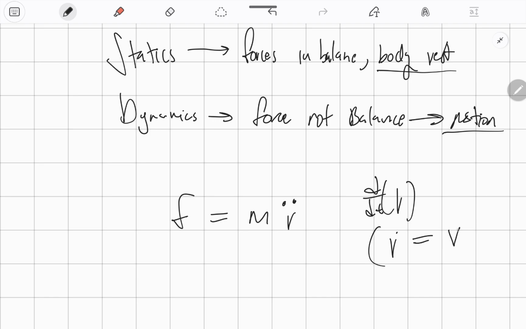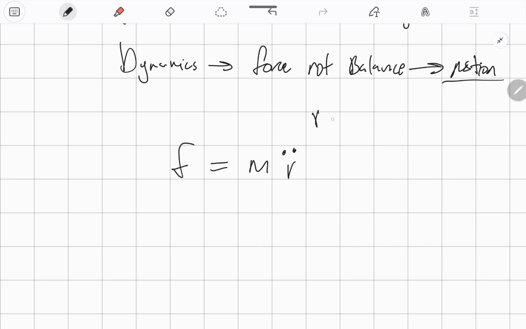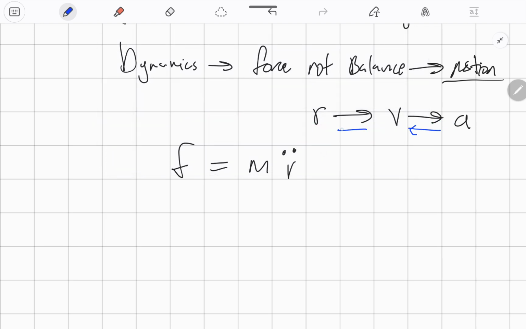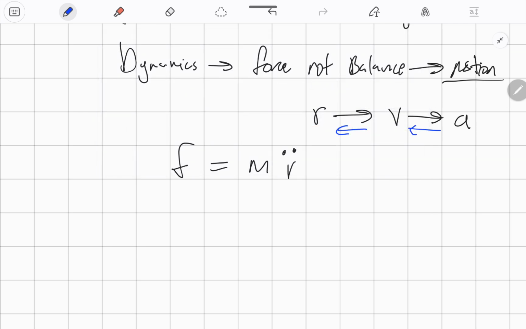If you do that again, you end up with acceleration. So you differentiate position to go to velocity, differentiate again to go to acceleration. The other way around, you'd be integrating. That alone covers the whole chapter, but we're still going to see what more we can say about it.